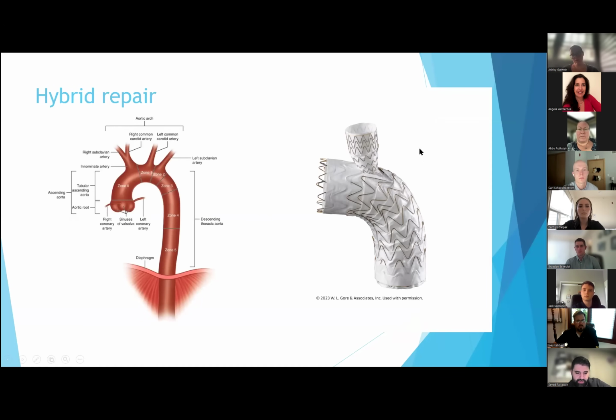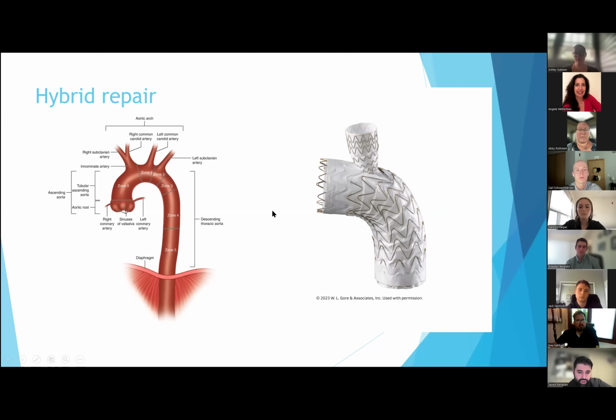So in terms of the aorta itself, the aorta is divided into zones. You can see here, zone 1 starts in the ascending aorta and then it kind of goes all the way down to zone 11, actually the common iliac arteries. But his dissection involved zone 0, and in order to fix his dissection, we would have to cover his entry tear with a stent.